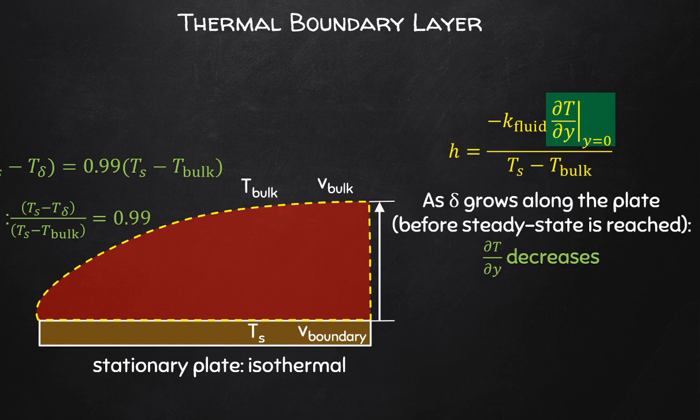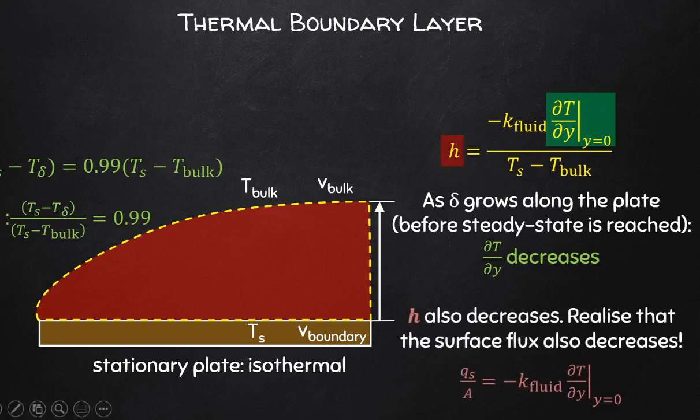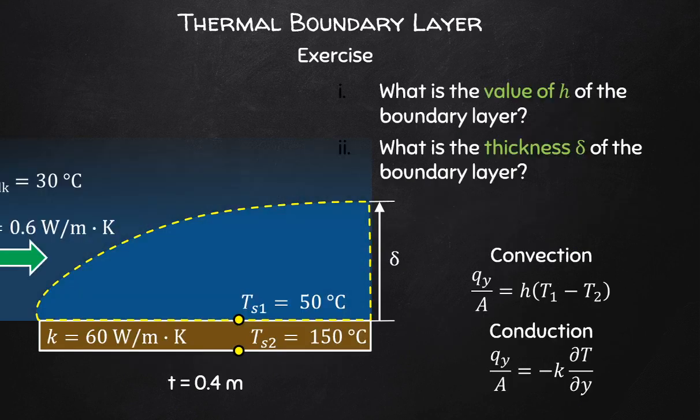Reynolds number is the dimensionless number that we like to consider instead of the velocity, viscosity, etc. The larger the thermal boundary layer is, the lower the temperature gradient will be, and the smaller the boundary layer is, the larger the temperature gradient will be. So in other words, the convective heat transfer coefficient would decrease as the thermal boundary layer increases, as this would also decrease the heat flux. So just keep that in mind.